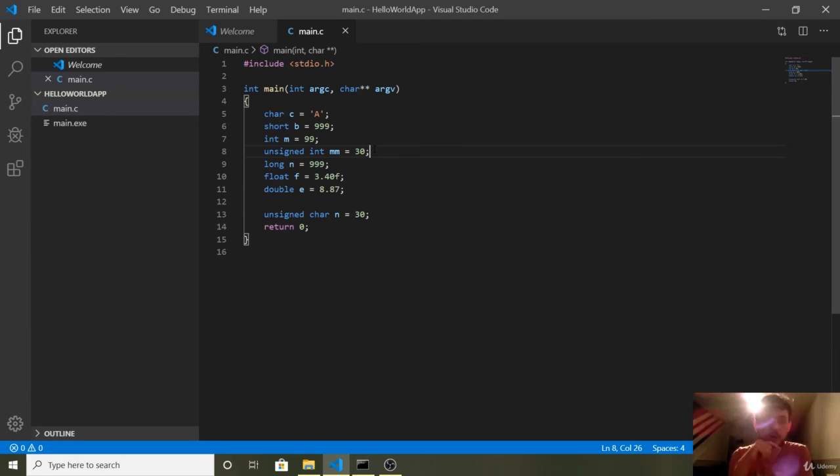So that's very important to know. The difference here then is if you want a positive number but you don't care about negative, you can use unsigned. But if you need negative as well, then signed is best. But unless you're working with much larger numbers, you won't have to worry about signage too much.